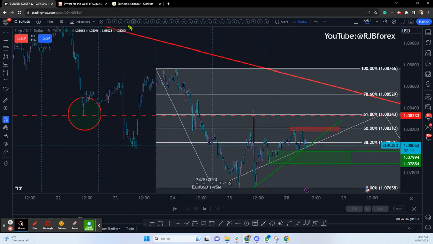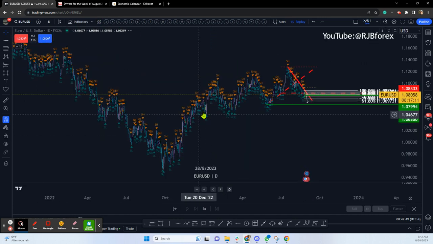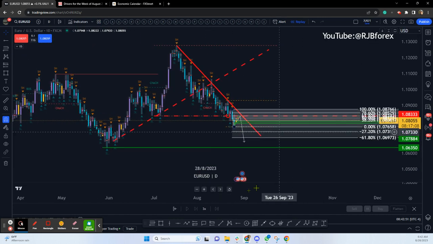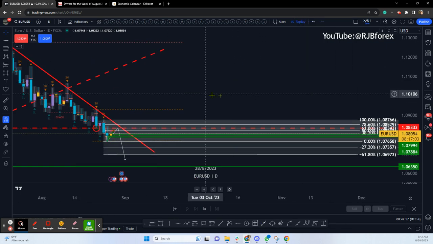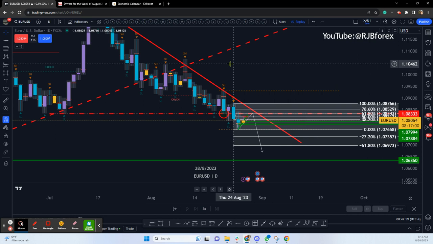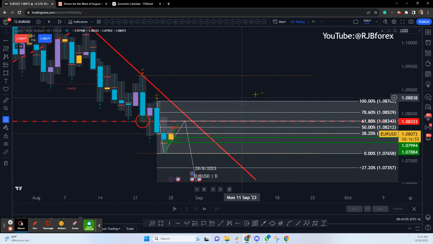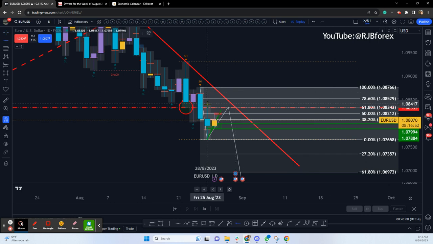Let's have a look where we are in the day count. So in fact, we could say that we want to see a break of 108.40, and that will give us our peak formation on the downside, making this technically a swing low on the daily chart.